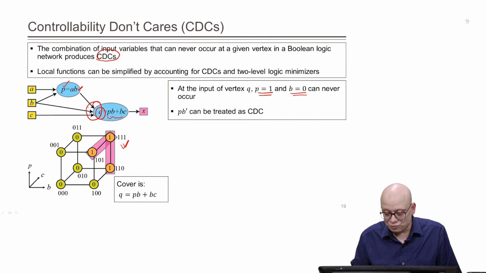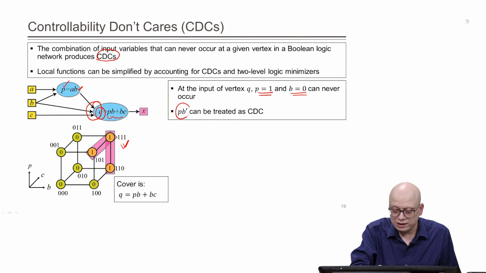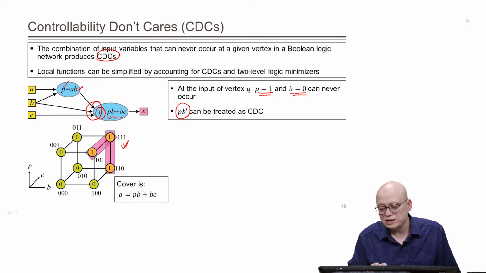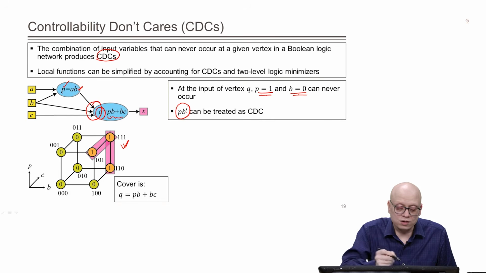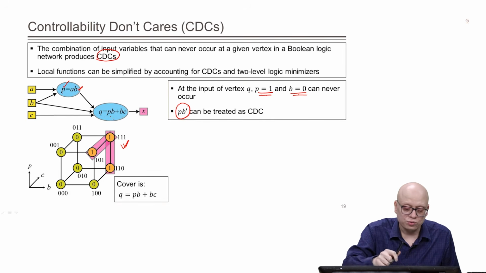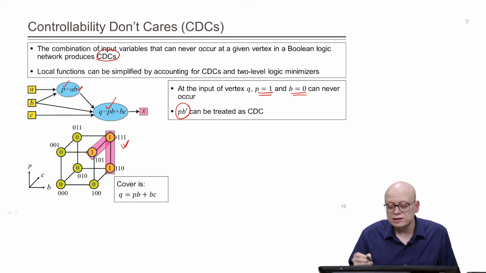So, we made an implicant out of this condition, that p is equal to 1 and b is equal to 0. So, p b bar can be treated as a controllability don't care for the vertex q, right. Why can we treat it as a don't care?